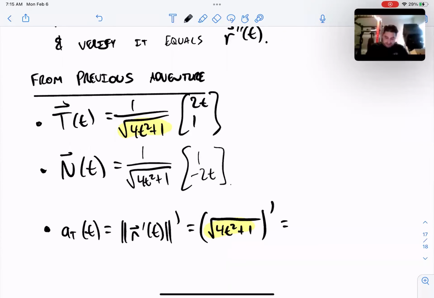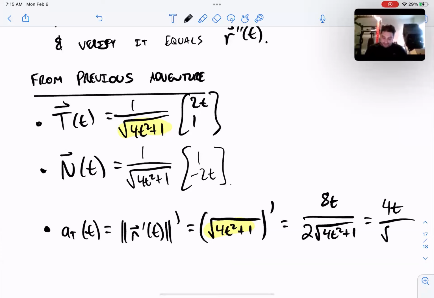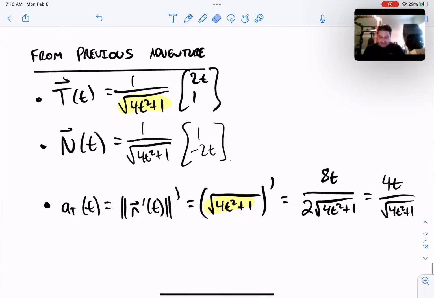So I take this derivative with the power rule, and there's speed prime. That's our linear component of acceleration. Sometimes in physics it's called v prime.